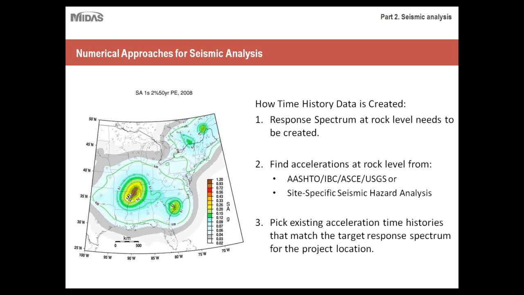I won't go into the details of how that decision is made, but just keep in mind that this is really where the engineer's expertise comes into play, because there's no set guideline that tells you to use this function over that function. It's dependent on various factors: the scope of your project, where exactly it's located, how large your project is, etc. But essentially, it's up to the engineer to find that database and choose specifically which time history function matches the needs of their project.